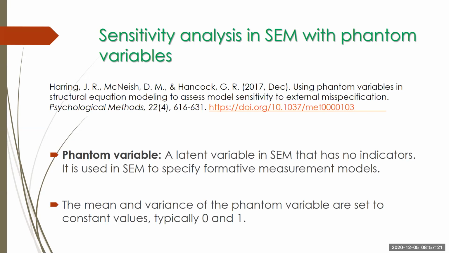It does not have indicators. It has a mean set to 0, a variance set to 1, and all the paths from the phantom variable are also fixed. This phantom variable can be used to represent a confounder in the model.